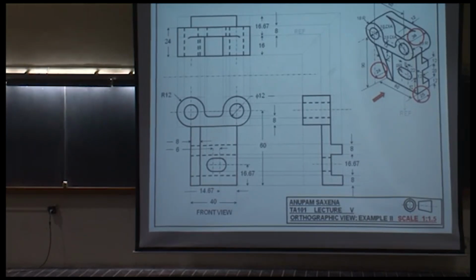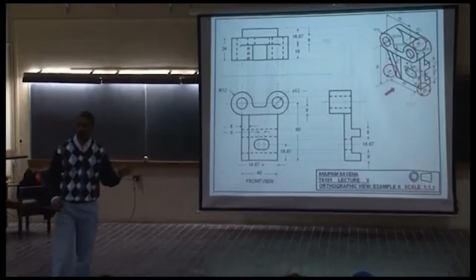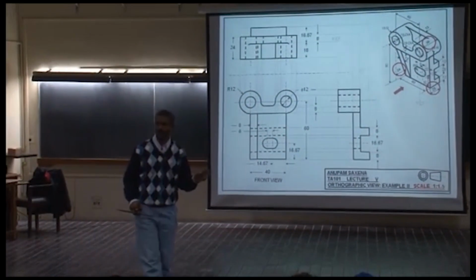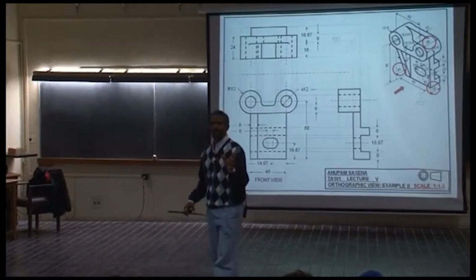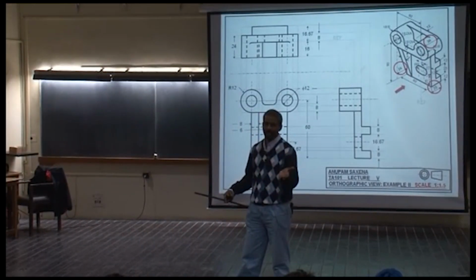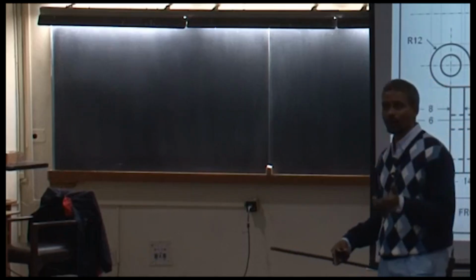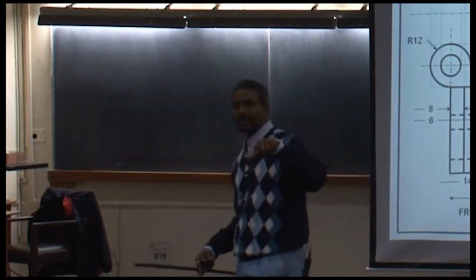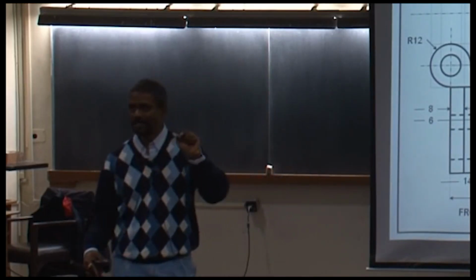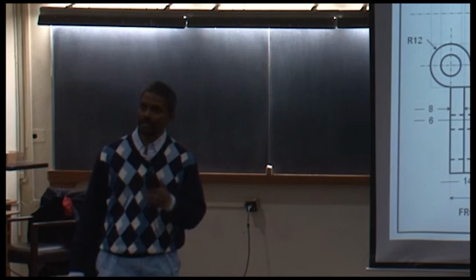There is a term that we use to depict the depth of the void. So when I say phi 10, and then 10 deep, that means I'm referring to a pothole with diameter 10 and depth as 10. If I don't specify that depth, you assume that it's a through void.